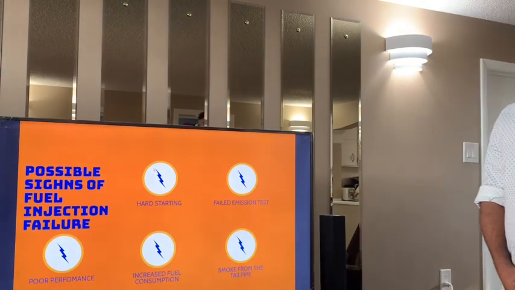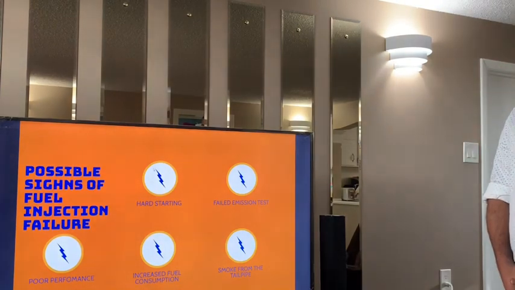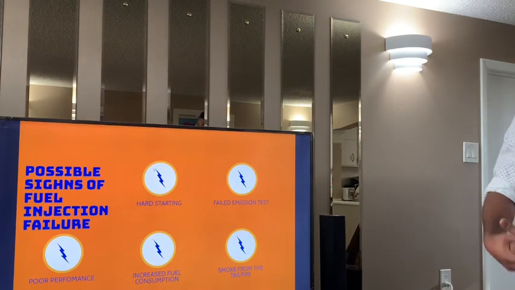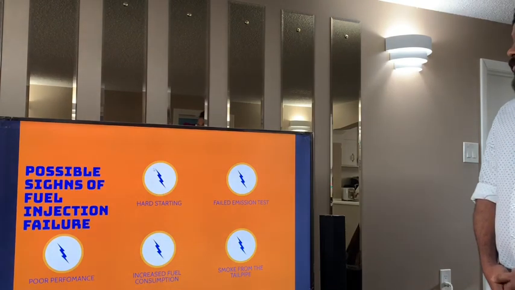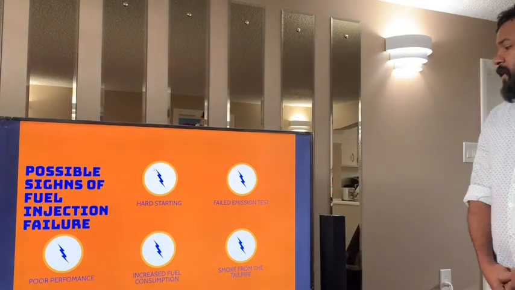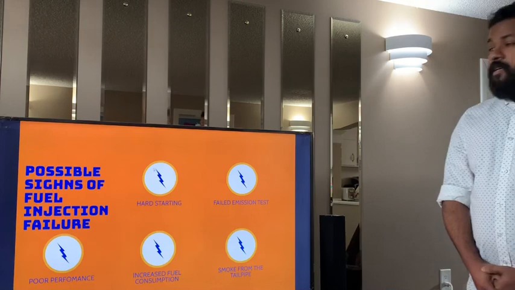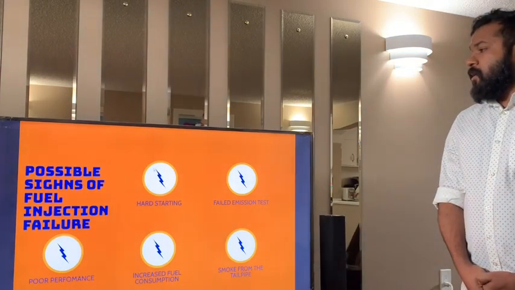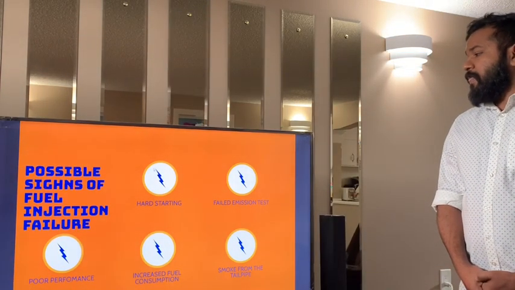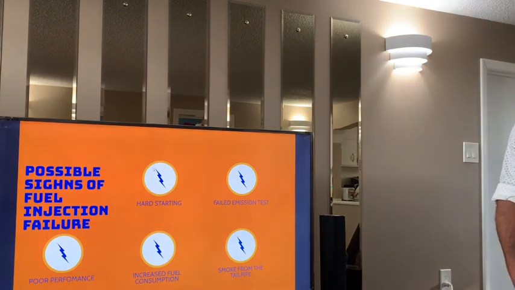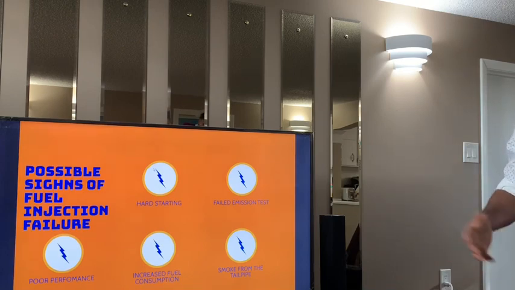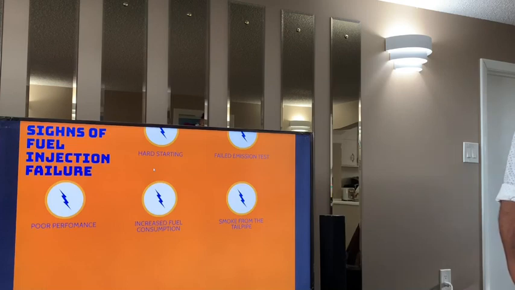The smoke from the tailpipe is also a major possible sign of injection failure, and so are poor performance of the engine and increased fuel consumption. If fuel consumption increases, it is because of fuel injection failure. So these five, hard starting, failed emission test, poor performance, increased fuel consumption, and smoke from the tailpipe, are the possible signs of fuel injection failure.